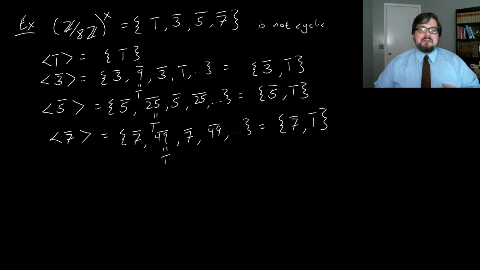Cyclic groups behave in some ways like prime numbers. And just as every integer can be expressed as a product of prime numbers, every finite abelian group can be expressed as a combination of finite cyclic groups. We're going to get a lot more into that in the next few weeks.